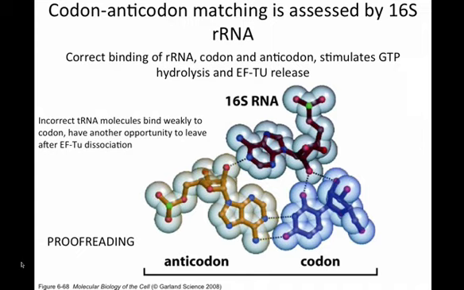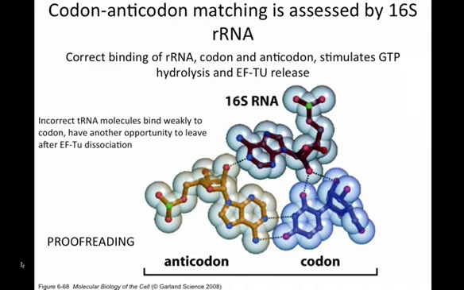So you've got your anticodon binding to your codon, and then that 16S RNA is involved too, stimulating the GTP hydrolysis, allowing EF2 to leave. Okay, and if it's incorrect, then you're going to get weak binding between the codon and anticodon and the 16S RNA, and then that tRNA can leave.